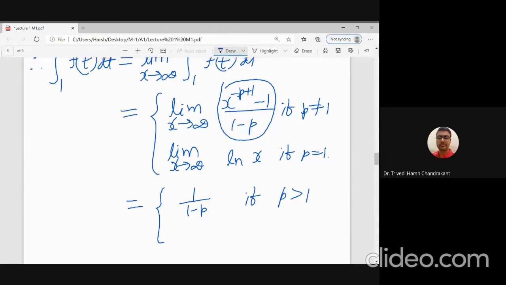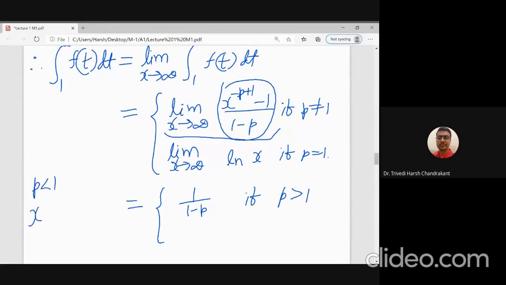If p is less than 1, then also this limit does not exist, because if p is less than 1, then 1 minus p is greater than 0, and then x raised to 1 minus p will go to infinity as x goes to infinity, right?